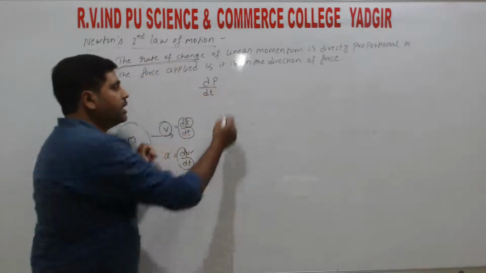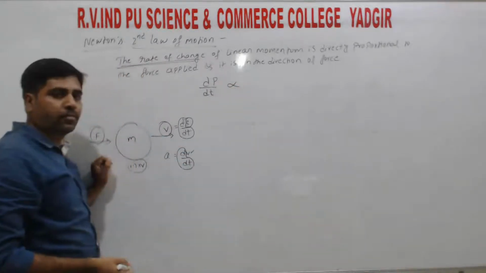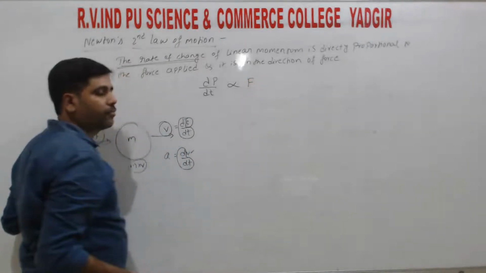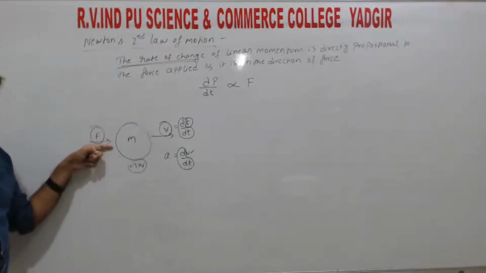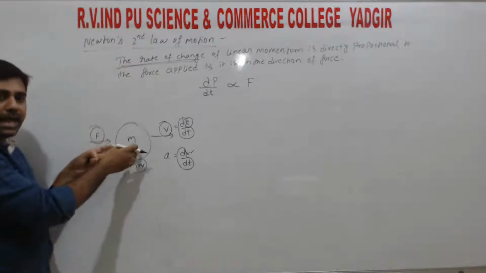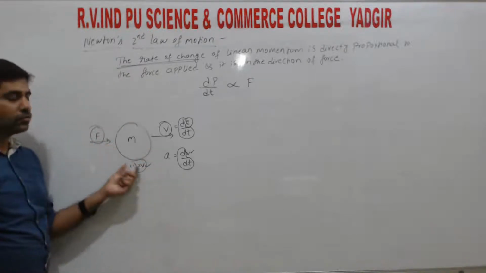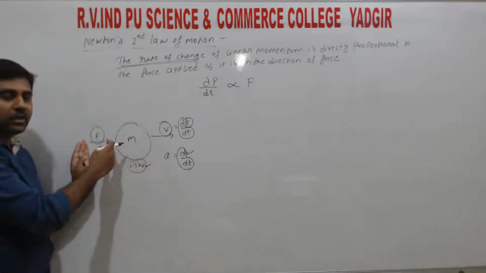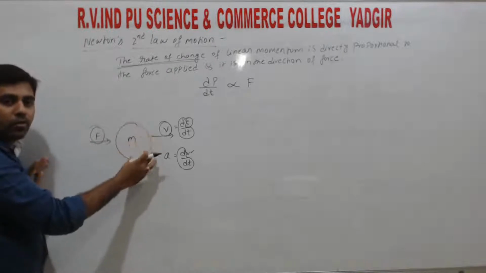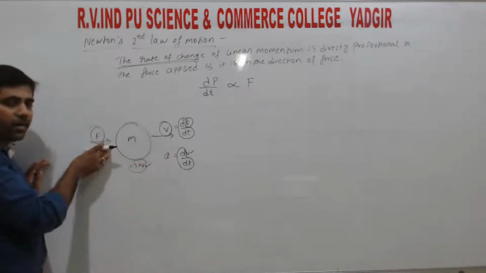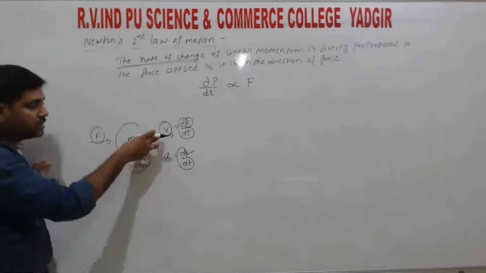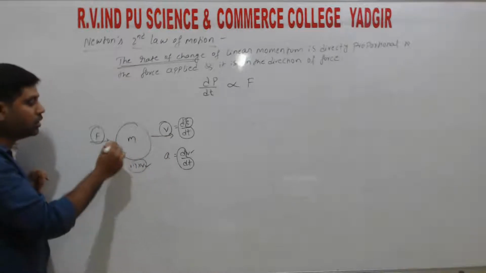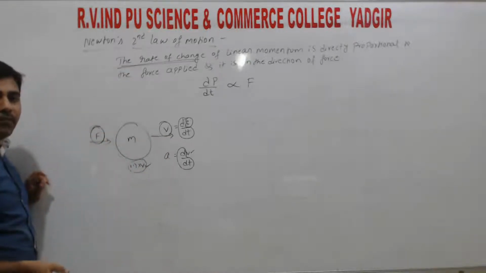So dp by dt is directly proportional to the force applied, so that is F. So the force we are applying is directly related to the momentum, with respect to time. So if we apply force only for 5 seconds, there is a change in momentum only for 5 seconds, right? If I am applying the force for 10 seconds, there is a change in momentum for 10 seconds, right? So change in momentum with respect to time is proportional to the applied force, right?